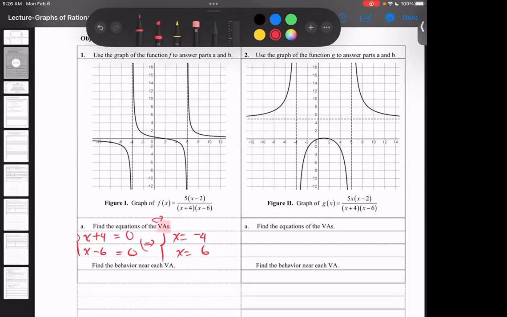This is the vertical line. The graph never crosses. Try.